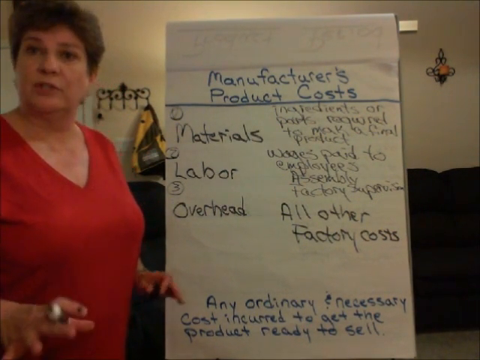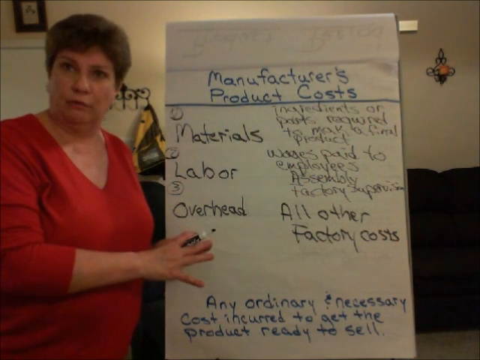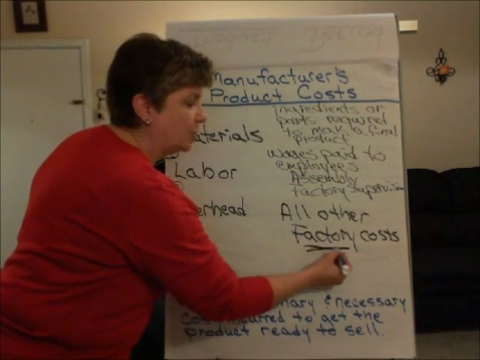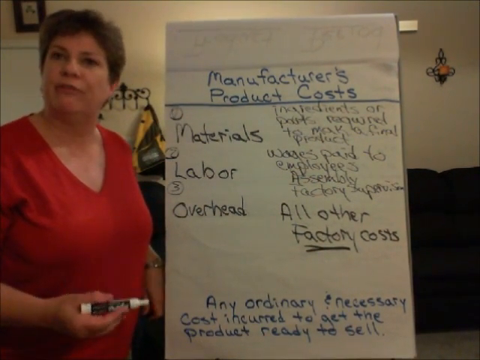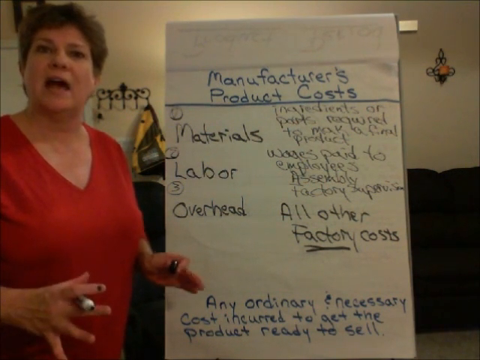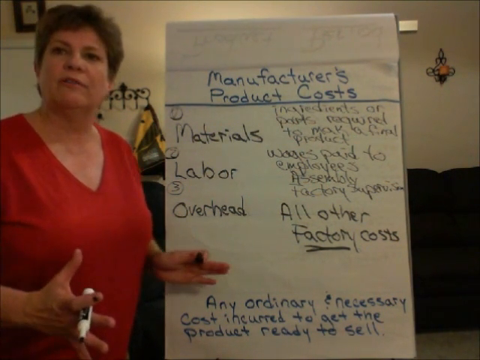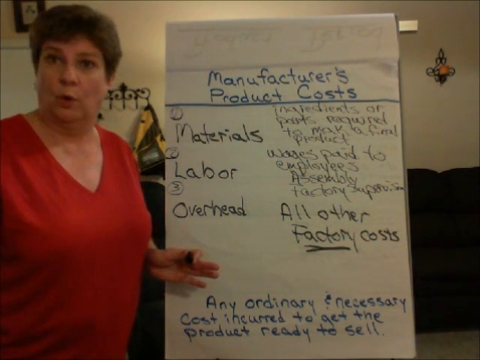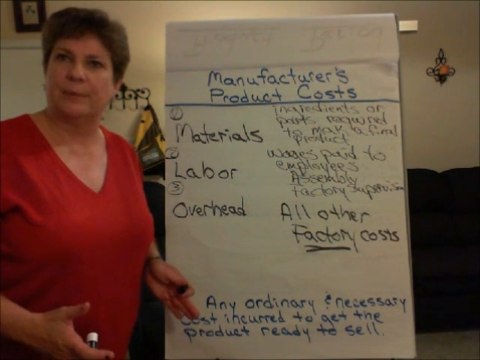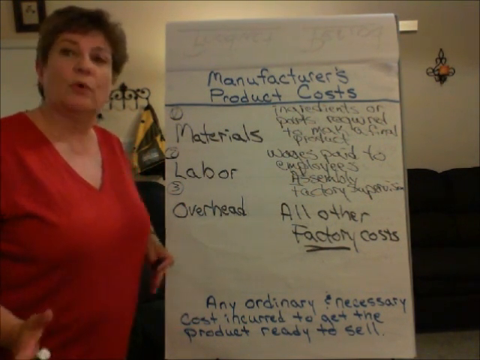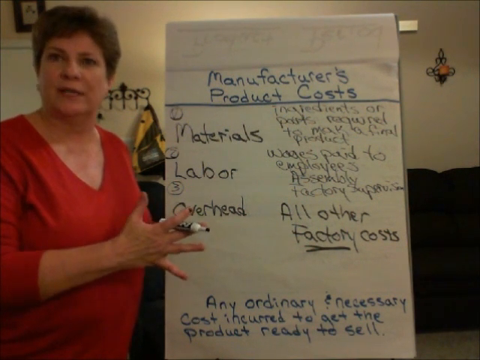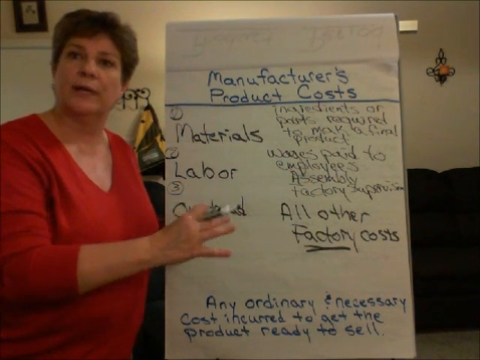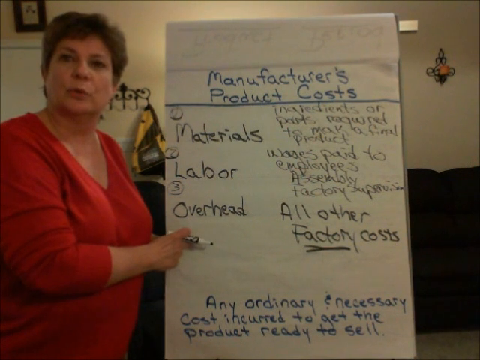So a key way of distinguishing manufacturing overhead from general overhead is to look for the word factory or plant or manufacturing. So for example, we may have rent, and part of that building that we rent may be separated into a sales floor. Part may be isolated or separated for an office space, and the rest of that building may be the factory itself. So the portion of the rent that is associated with the factory would be factory or manufacturing overhead.